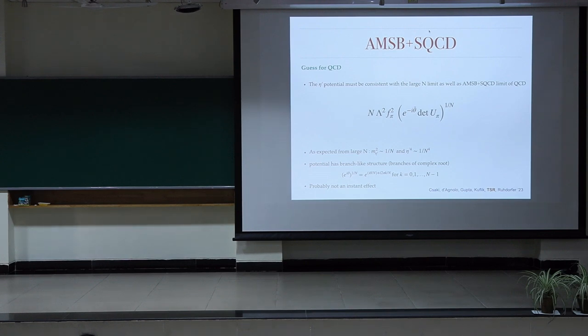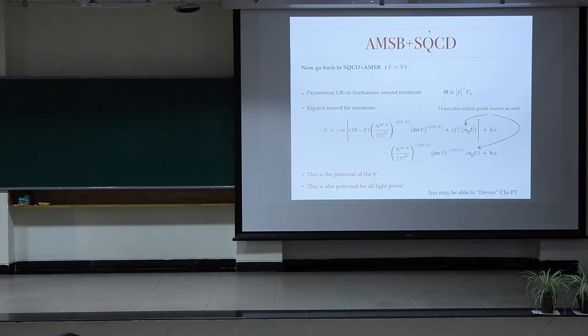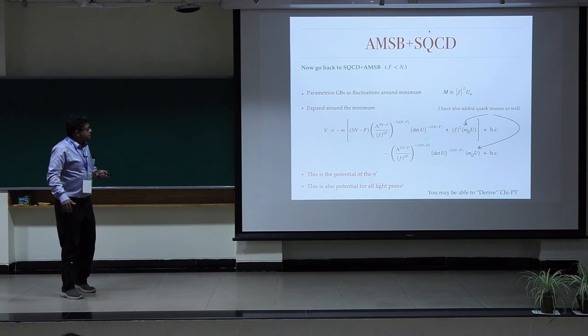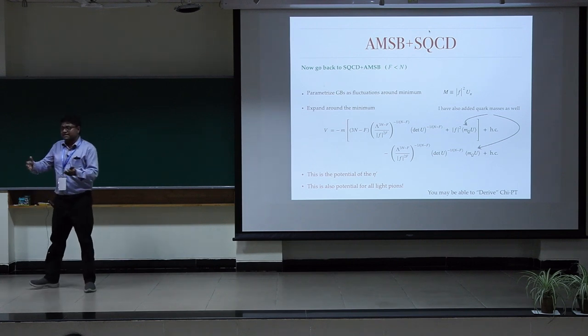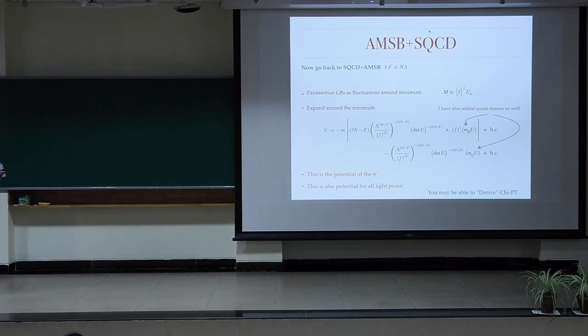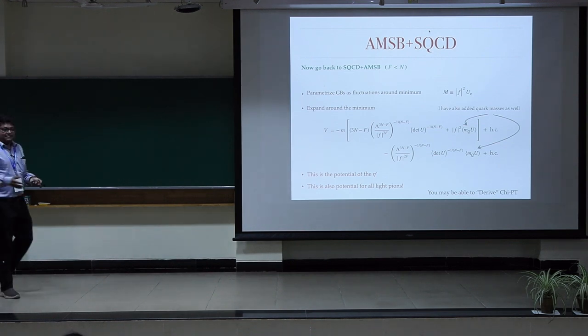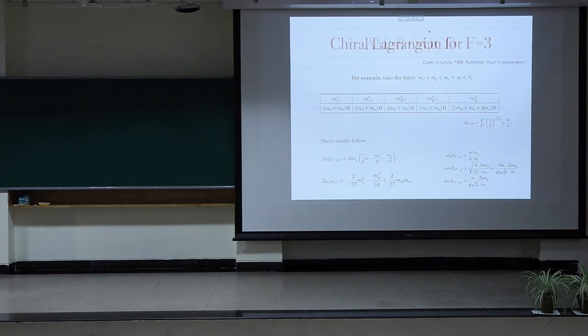Done with that. But we can do more. If you look carefully, this involves the determinant of U, which has the eta prime, but this also has U itself, so it basically has all the other pions. So not just the potential of the eta prime, it also has the potential of the pi. So you might as well try deriving the chi-PT. This is what you can do to amuse yourself.